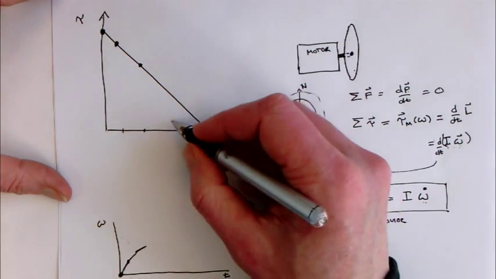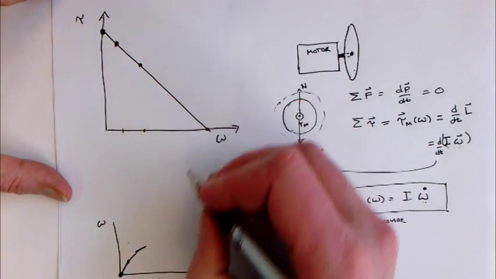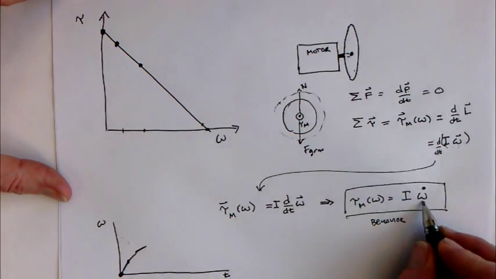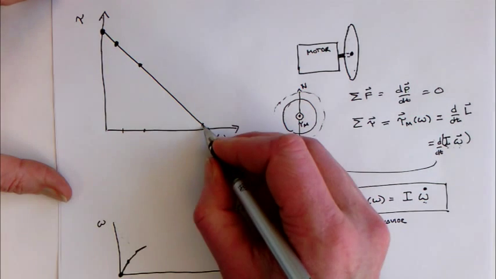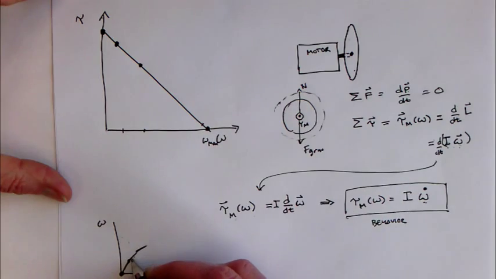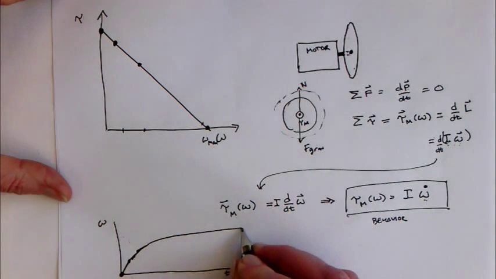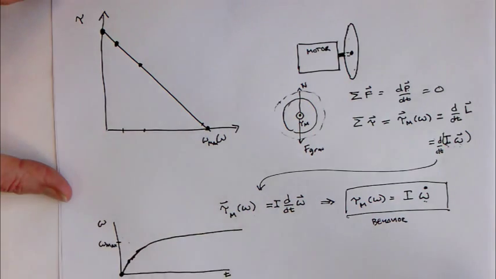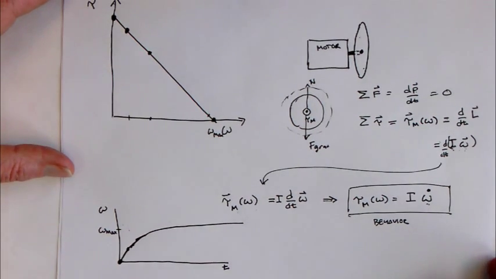And this will keep happening as omega speeds up and up. Eventually, the torque gets small enough that the rate of change of omega is quite small, and I asymptotically approach this omega max. So you can see that as time goes on, I will eventually approach that maximum value of omega.